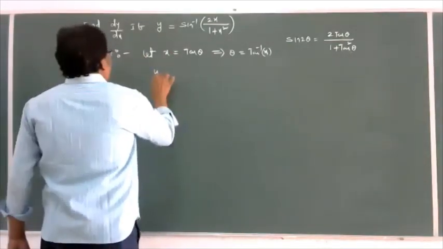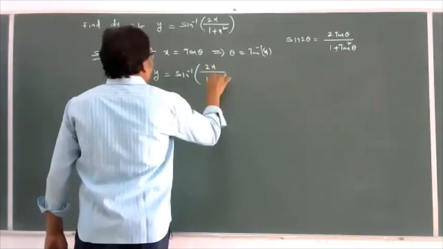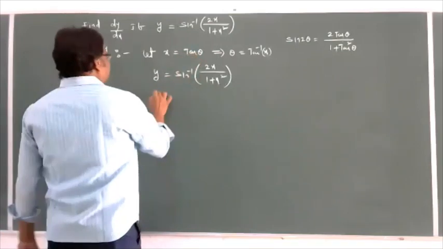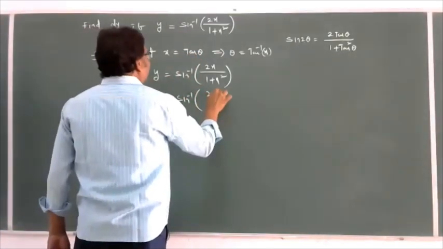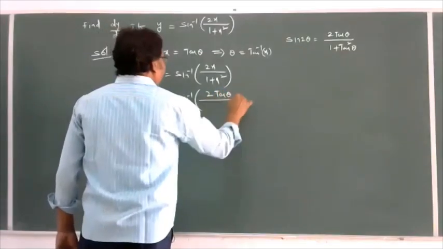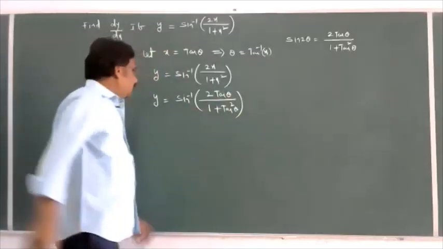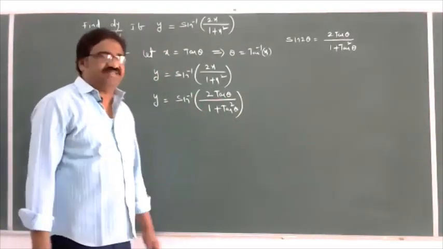Given problem, y is equal to sine inverse of 2x by 1 plus x square. Here substitute x is equal to tan theta: y is equal to sine inverse of 2 tan theta by 1 plus tan square theta.